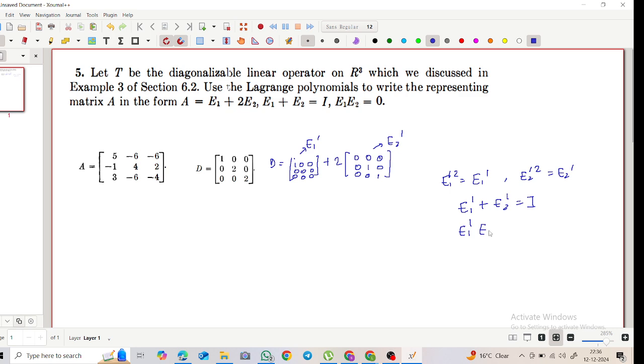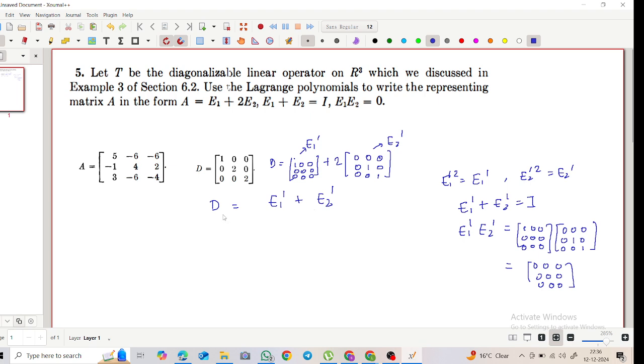What is E1 prime, E2 prime? Is it 0 0 0? So you have managed to write D in this way, like E1 prime plus E2 prime and so on.